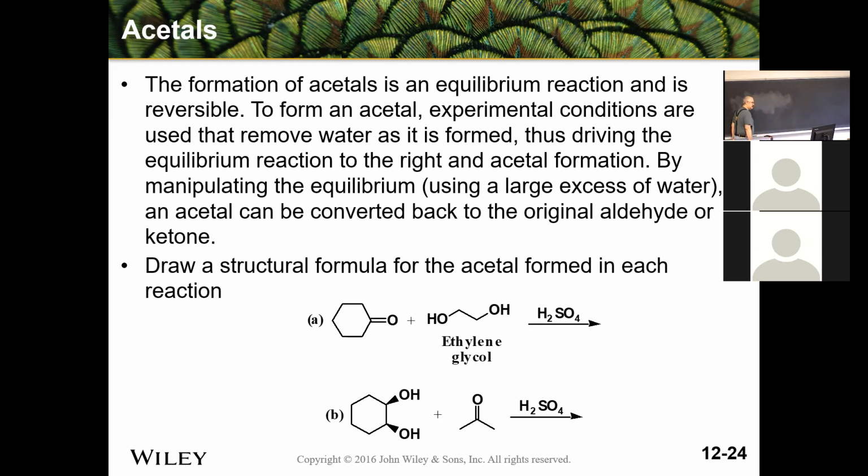There is a simple shortcut to predict the product here. Okay, so we have cyclohexanone and ethylene glycol, or 1,2-ethylene-diol.